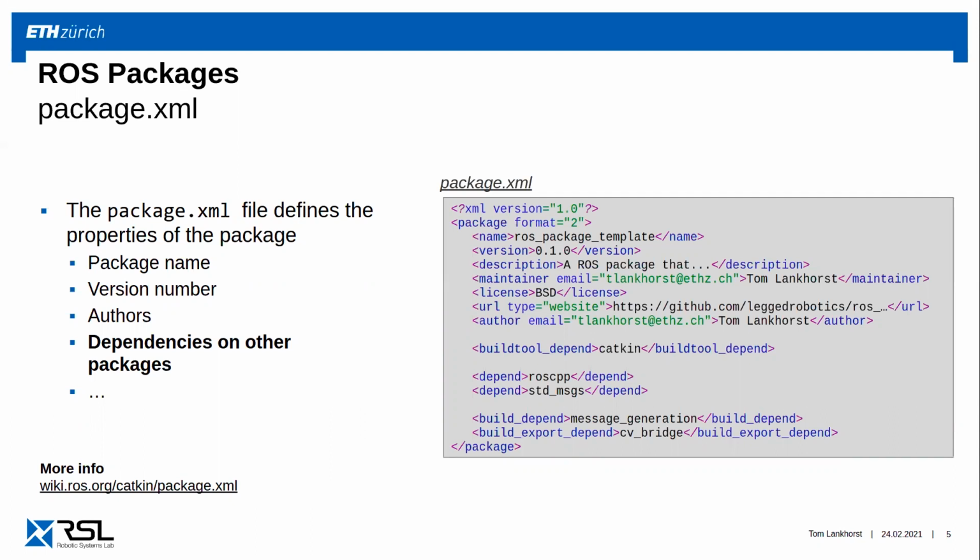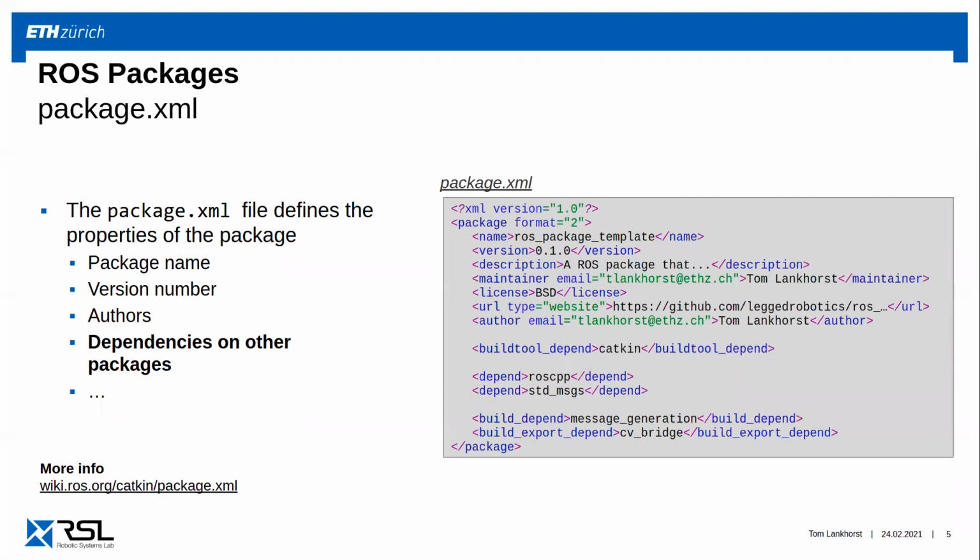And then we see a few entries that explain the dependencies of the package. One thing that you will see in almost all C++ packages is the buildtool_depend. This indicates that we will be using the Catkin build tool to orchestrate our software.